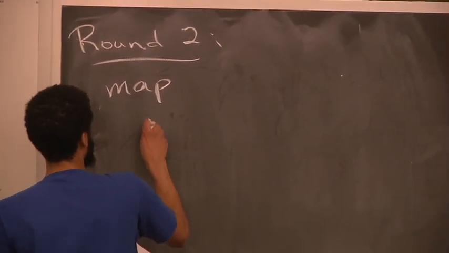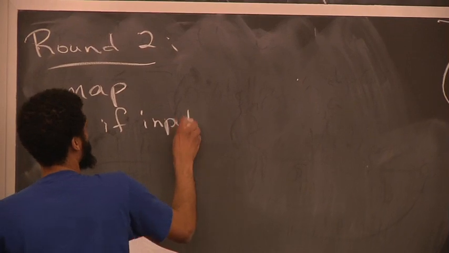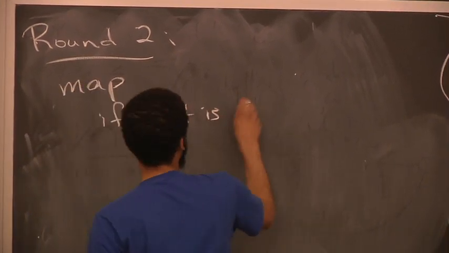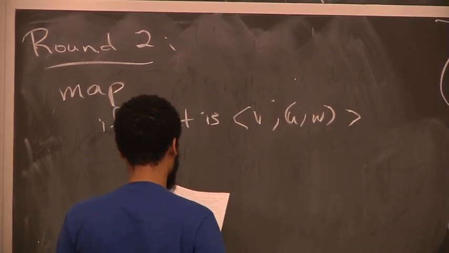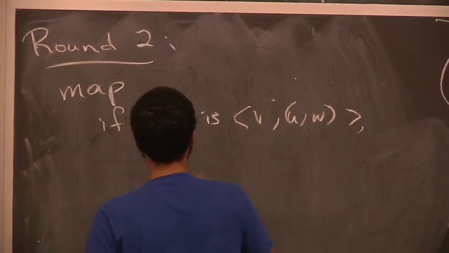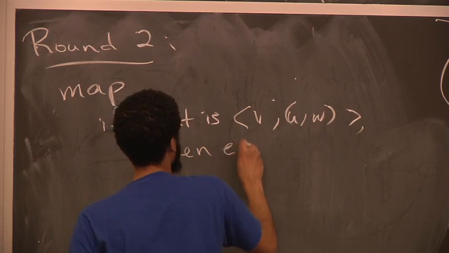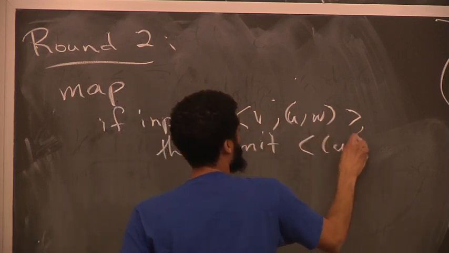So if the input is of the form VUW, then emit UWV.